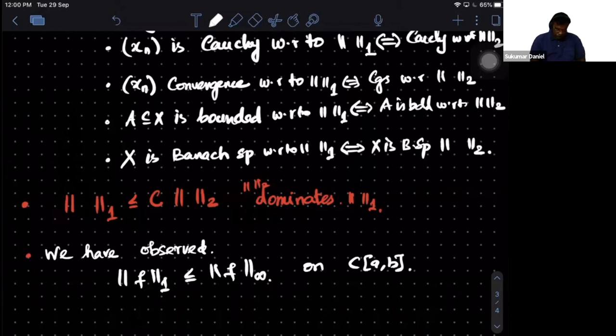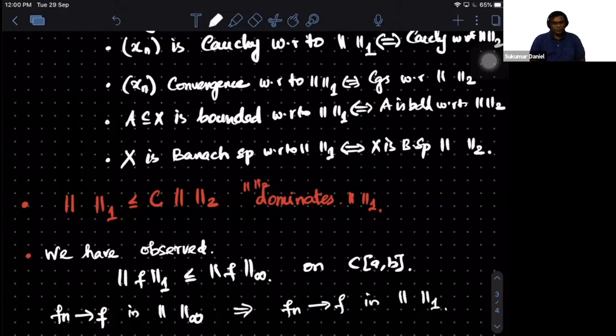Now I say the following: suppose fn converges to f in this norm. Can I conclude that fn converges to f in this norm, using the above inequality?